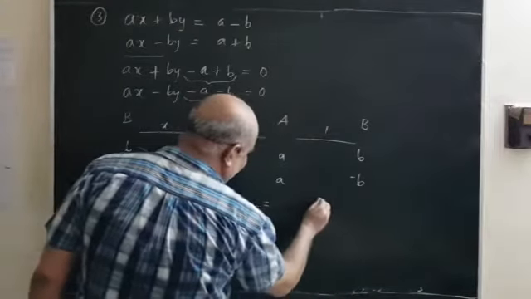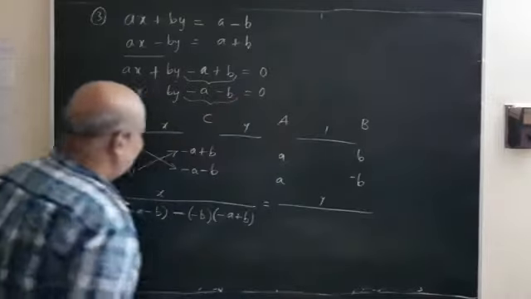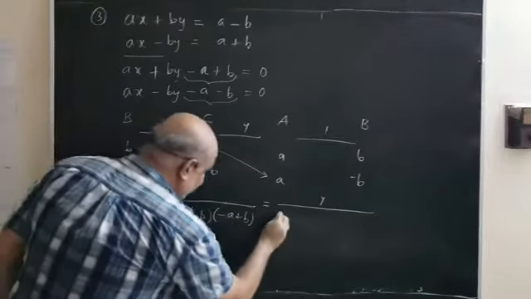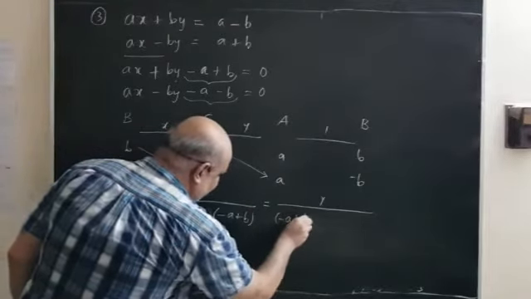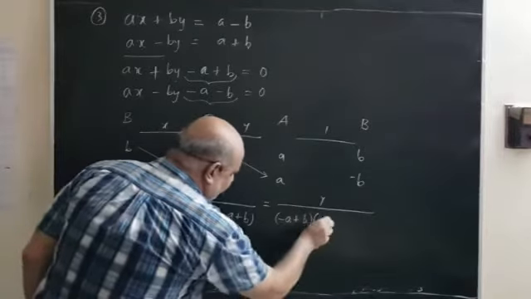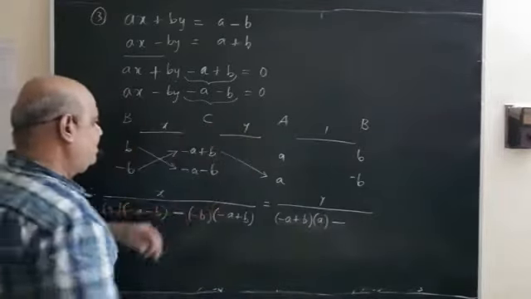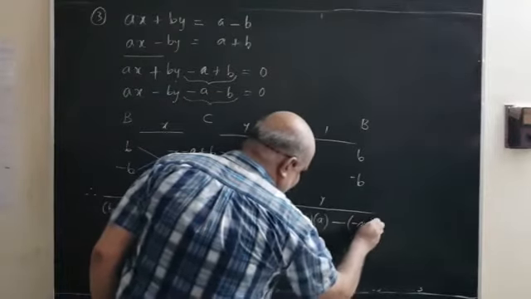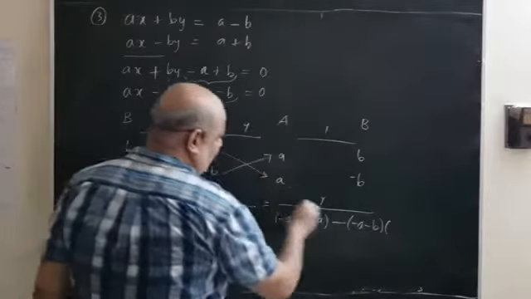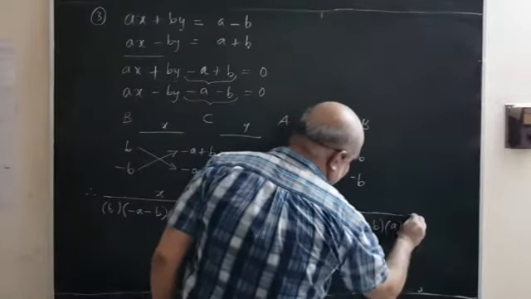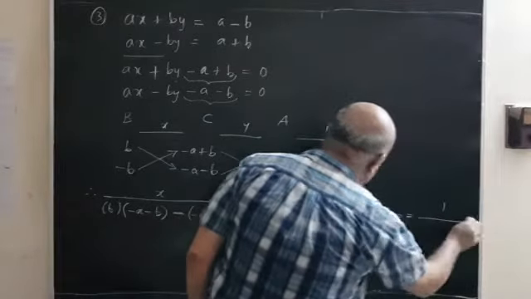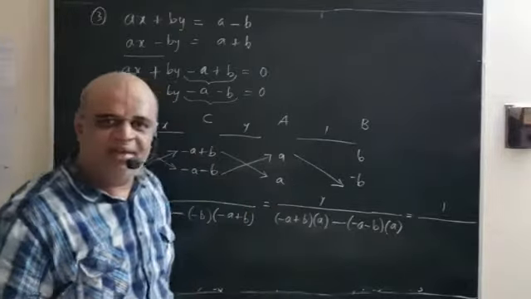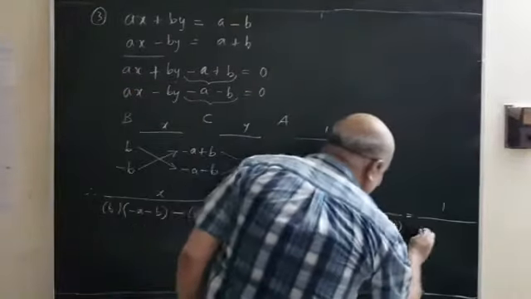Now coming to the Y term, we have Y divided by, similarly I start with the left top corner and I have to multiply this and this. So I have minus A plus B into A, minus this into this, minus A minus B into A, is equal to 1 divided by this into this, A into minus B. Being simple, I can directly write it as minus AB.